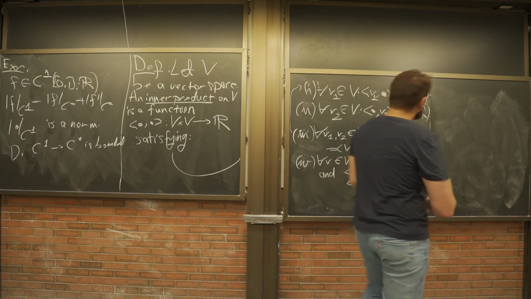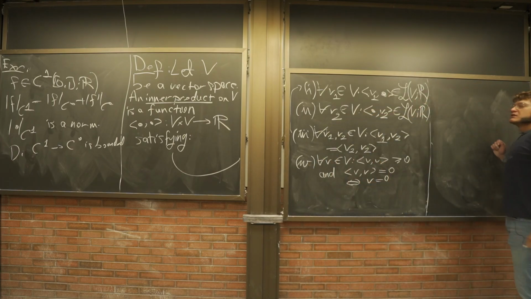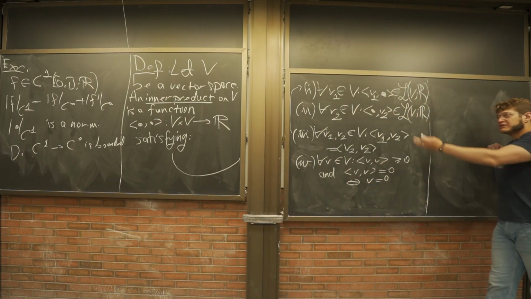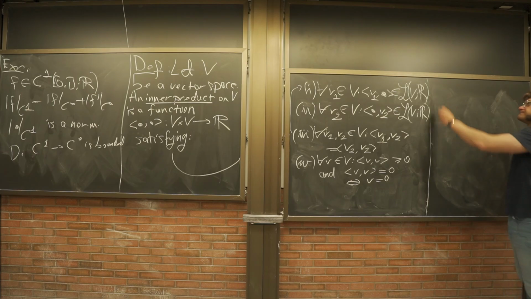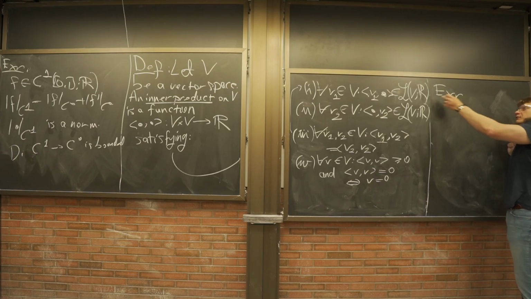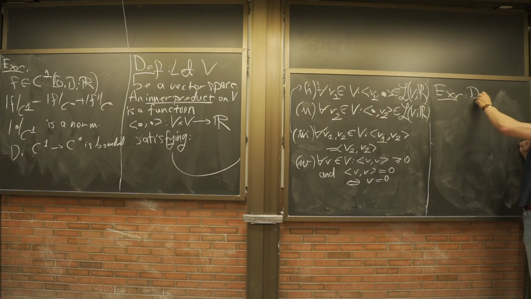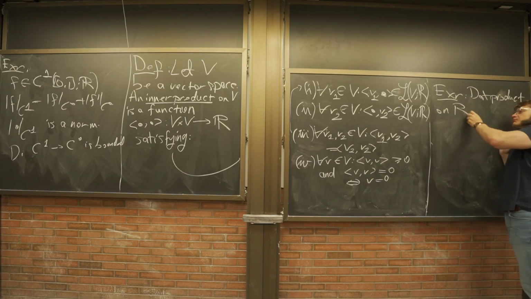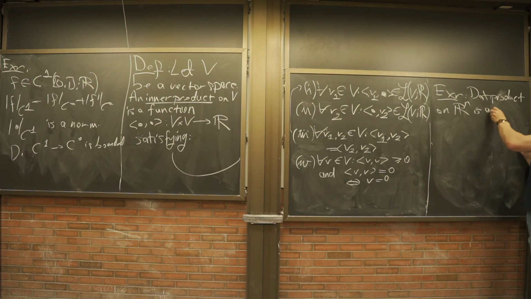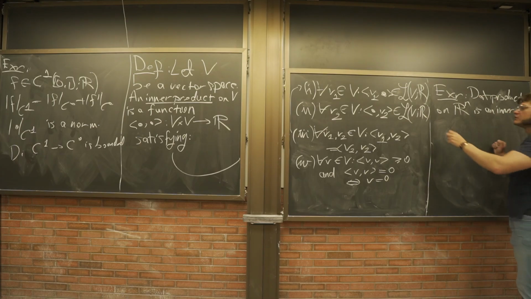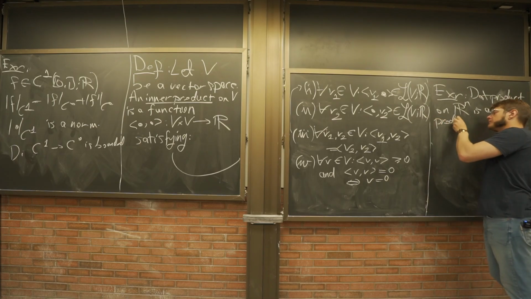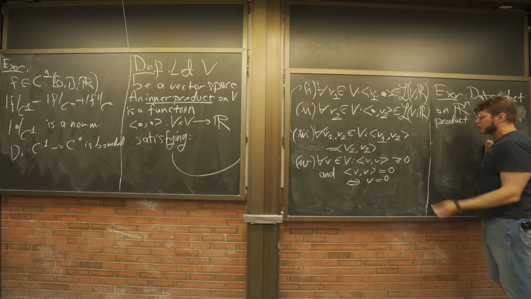I'm going to leave it to you to verify that indeed the standard dot product is an inner product on R^n. And so how do you define this?